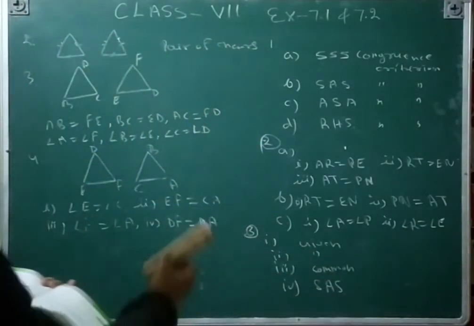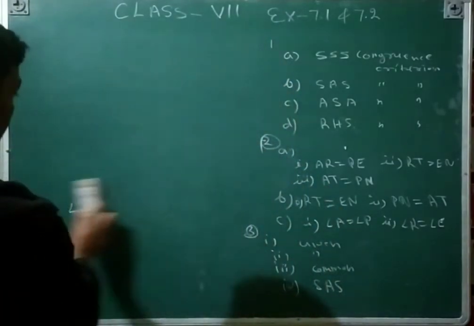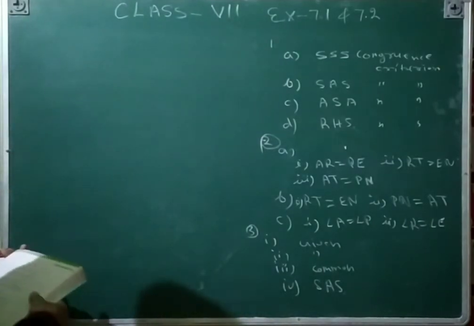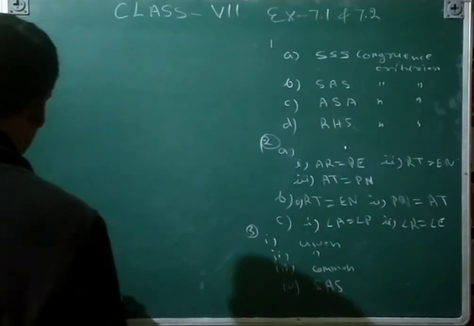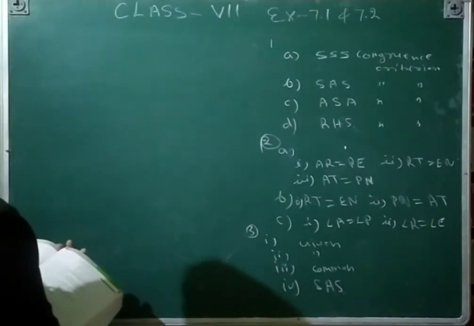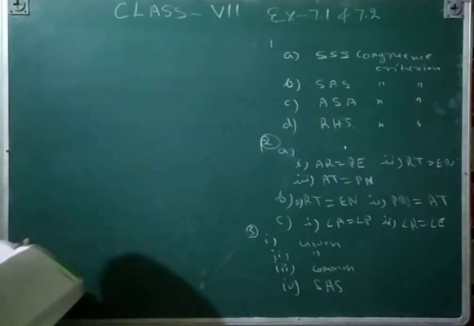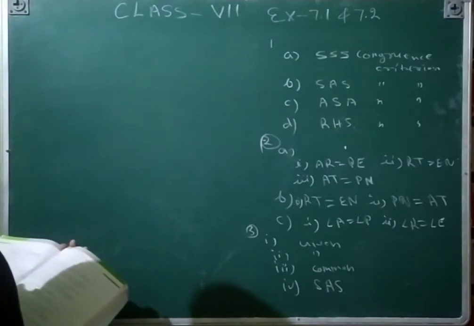And then question number 4. In triangle ABC, angle A is equal to 30, angle B is equal to 40, angle C is equal to 110, and then in PQR, P is equal to 30, Q is equal to 40, R is equal to 110.